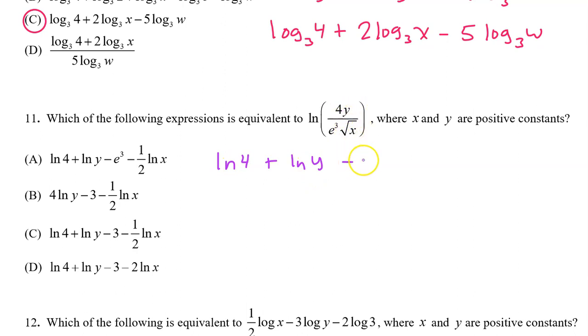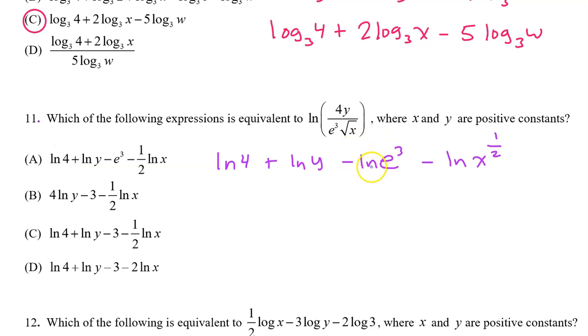But then we have minus natural log e to the third power minus natural log square root of x. These two terms are negative because these factors came from the denominator. I don't want to rewrite the whole thing just for this one change, but the square root of x is the same thing as x to the 1/2 power. So I'm going to make that change.